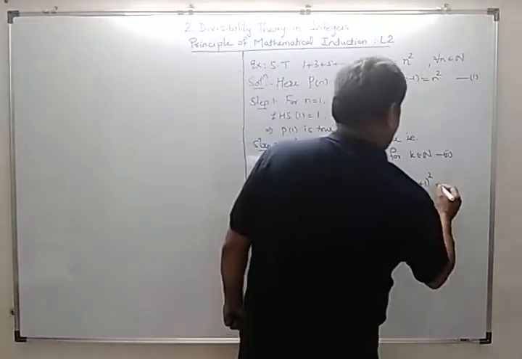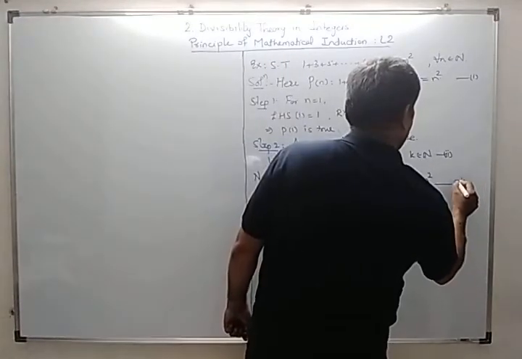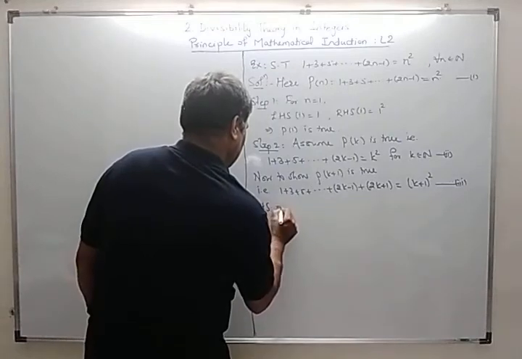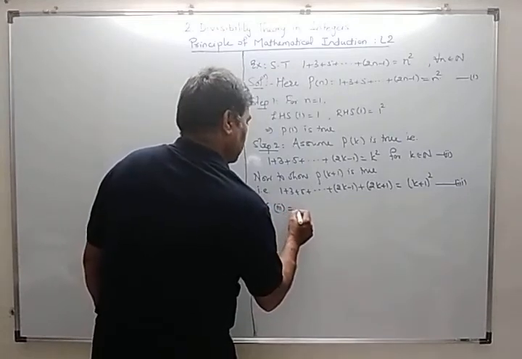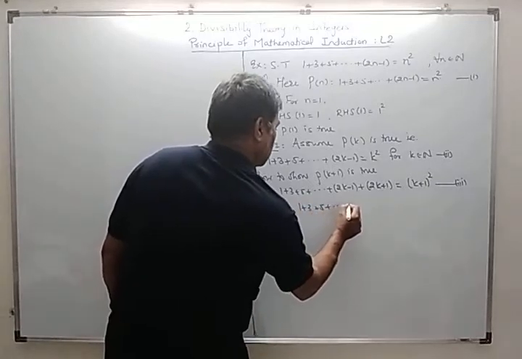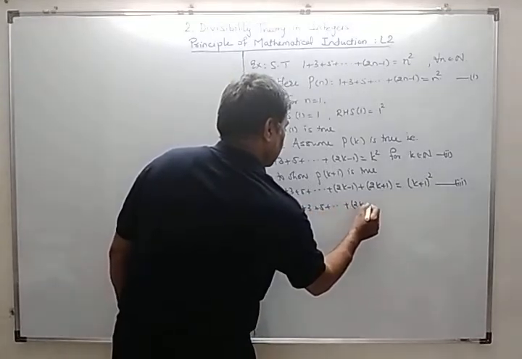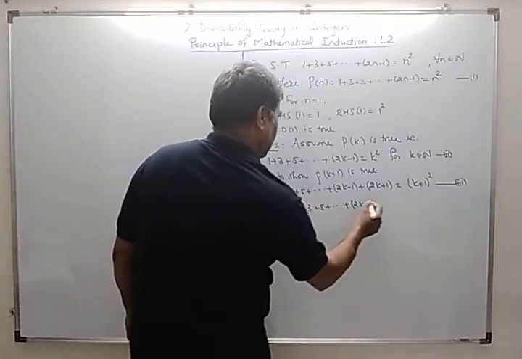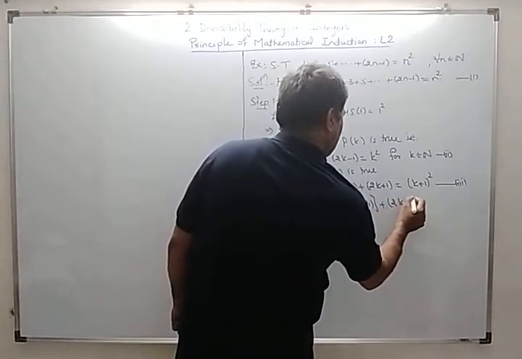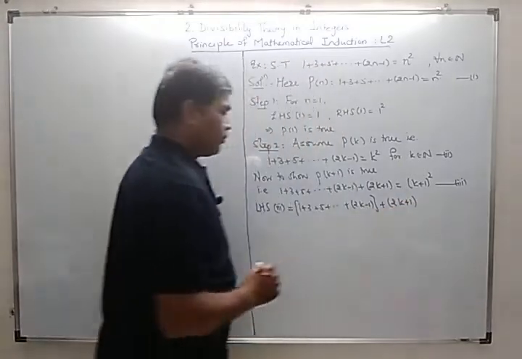So LHS of 3 is equal to 1 plus 3 plus 5 plus up to 2k minus 1. I'll take this in one bracket, and this newly added term 2k plus 1 in another bracket.